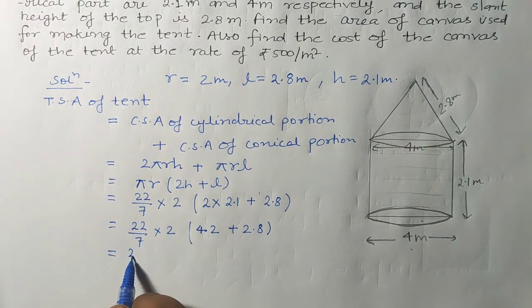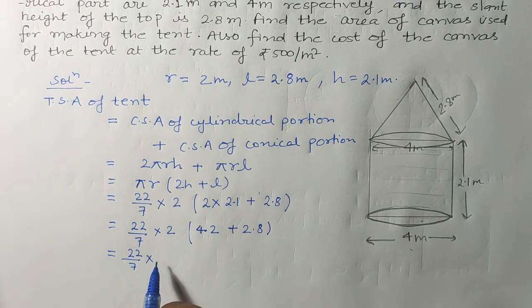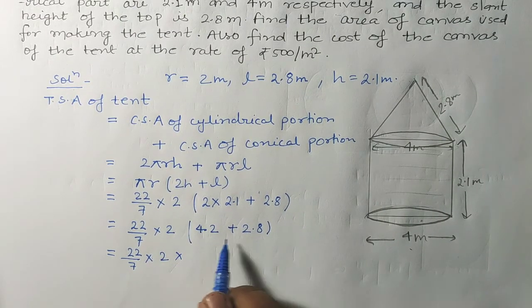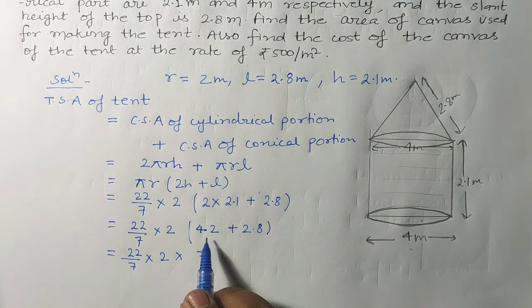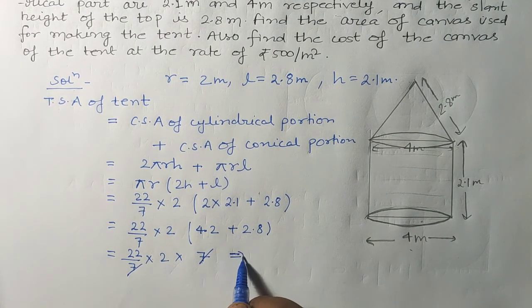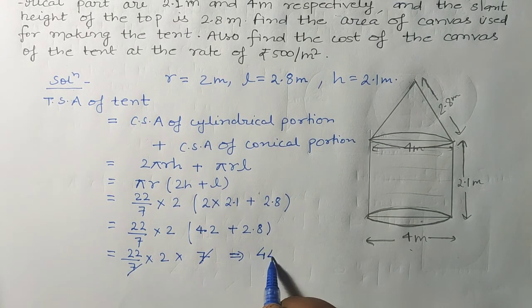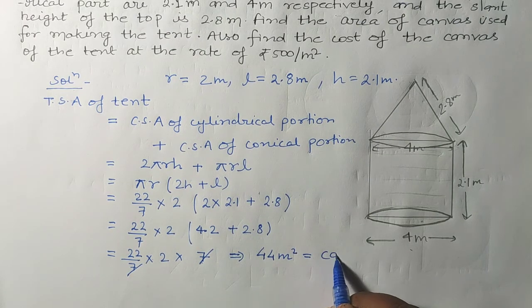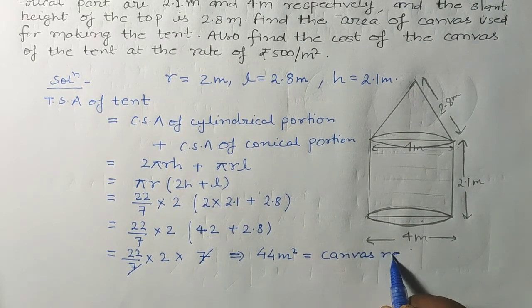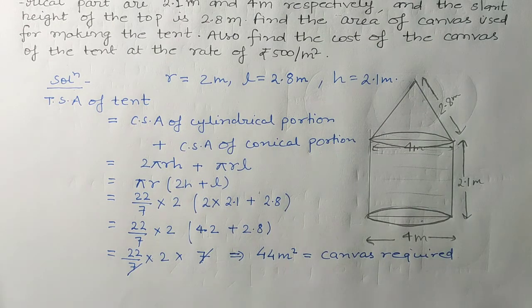Okay, simplify it. 22 by 7 into 2 into 4.2 plus 2.8, that will be 7, when you add 4.2 and 2.8. 7 will be cancelled out, and what is left? 22 twos are 44 meter square, which is the surface area of the tent, and this is also equal to the canvas required. Okay, the canvas required will be equal to the total surface area of the tent, that is 44 meter square.